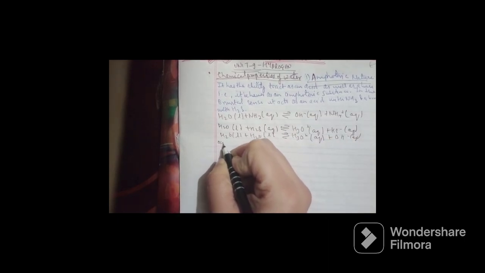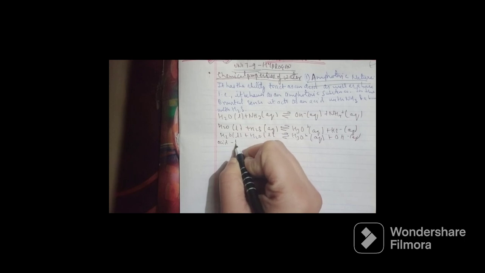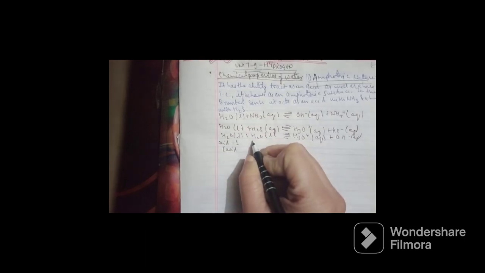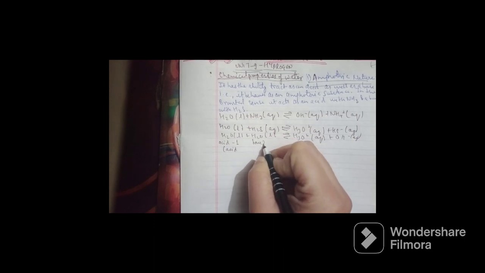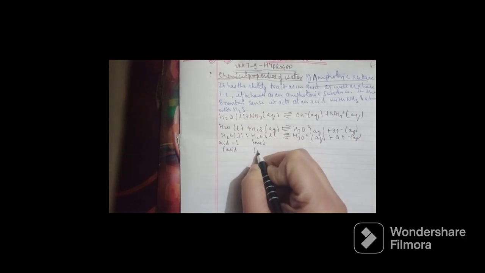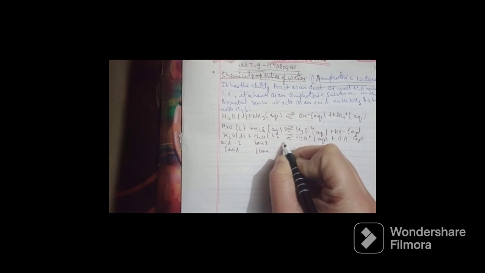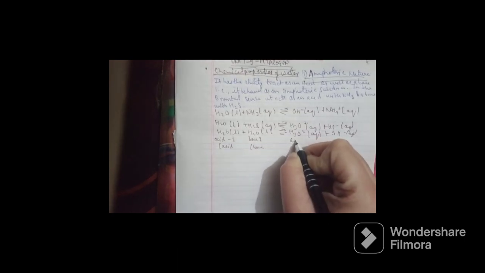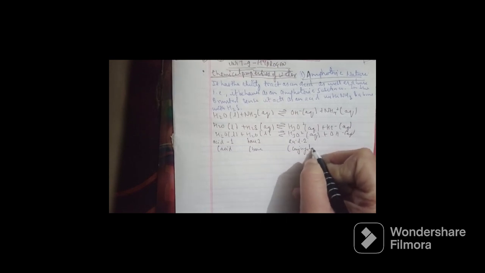Here acid 1 gives its conjugate base, and base 2 gives its conjugate acid, which is acid 2. So base 1 is the conjugate base.